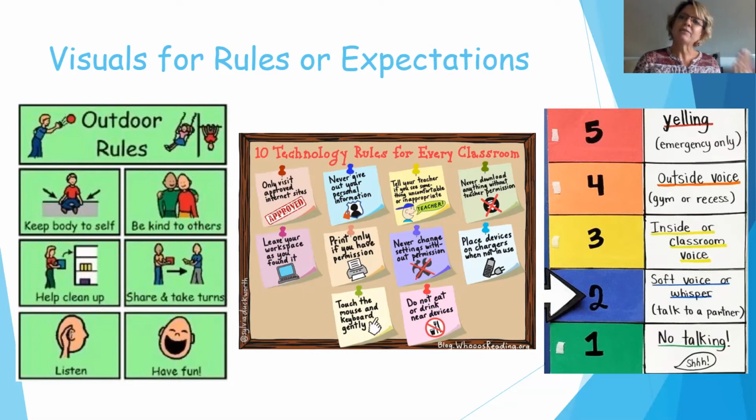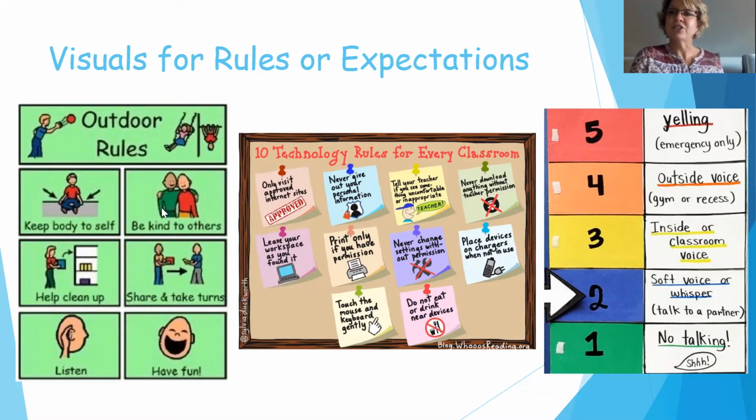We're telling them ahead of time what it looks like. And then during the activity or the routine, we can be encouraging them and praising them for following the expected guidelines. So here you'll see outdoor rules.